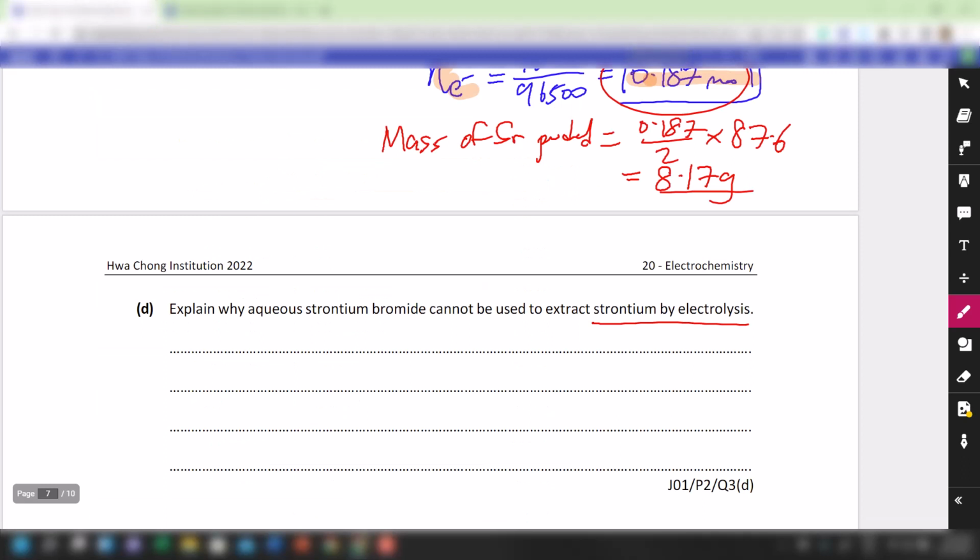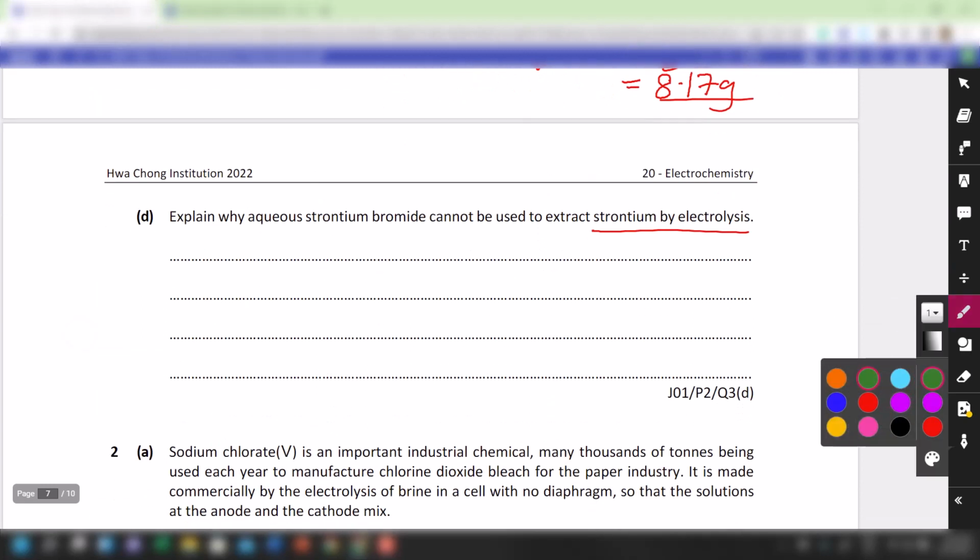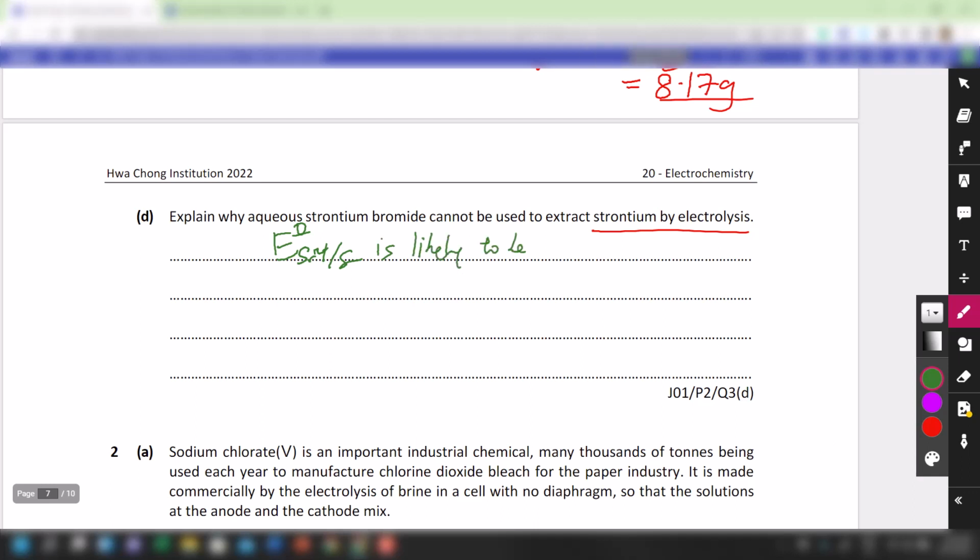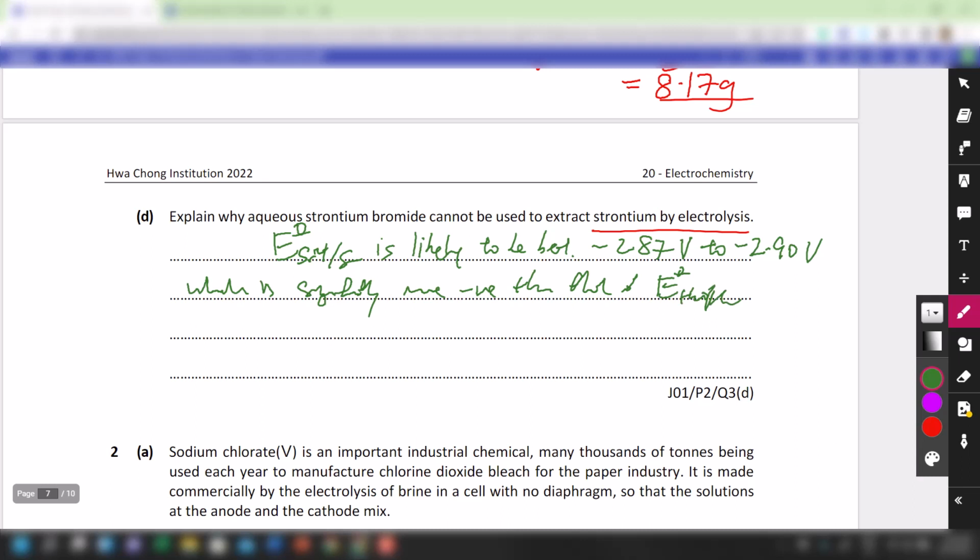That should form the bulk of your answer over here. If you are not sure what to write, the first thing you need to highlight is that the standard reduction potential of strontium to strontium is likely to be between negative 2.87 volts and negative 2.90 volts, which is significantly more negative than the reduction potential of water to H2.